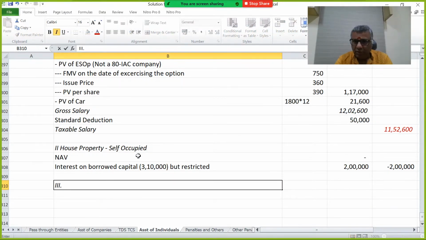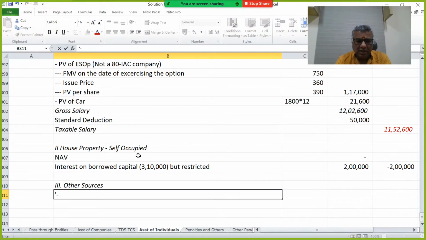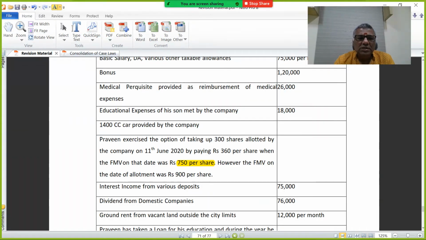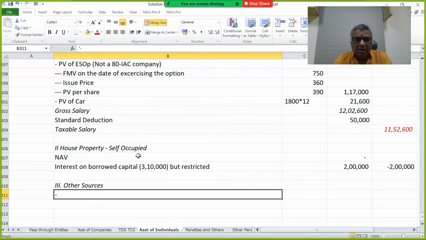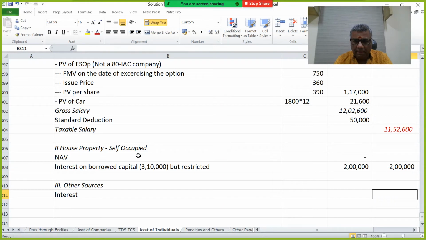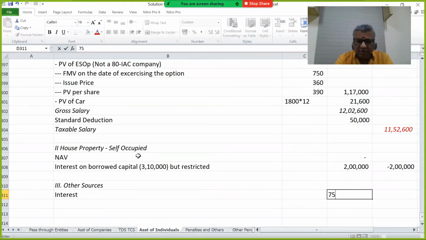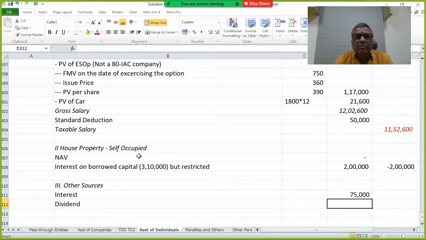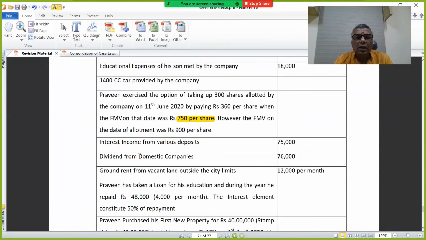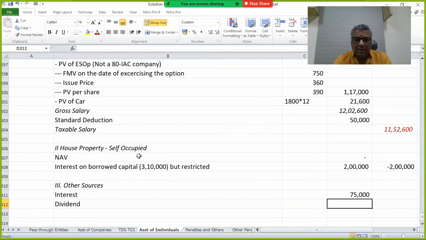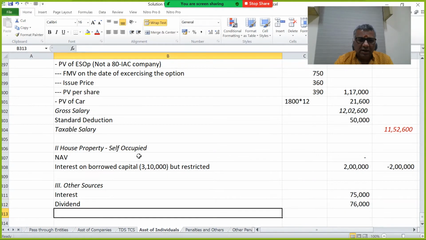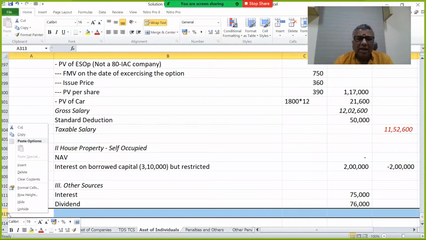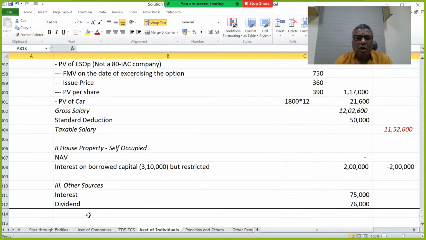Okay. Third, other sources. Other sources consist of interest 75,000. Dividend 76,000. Remember, rent of vacant land is coming under IFOS.